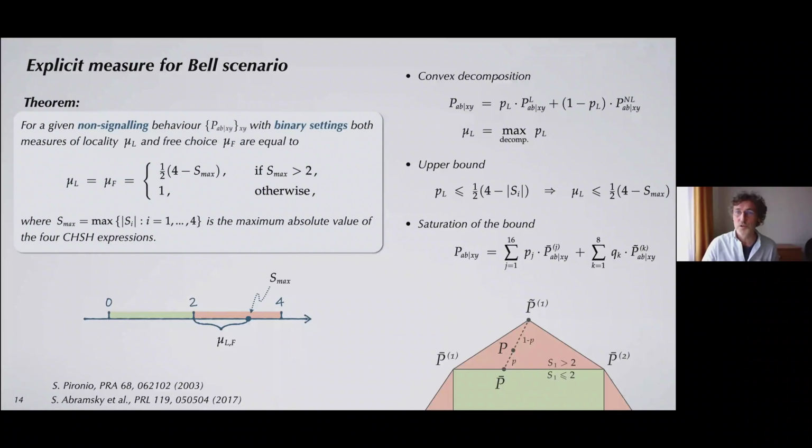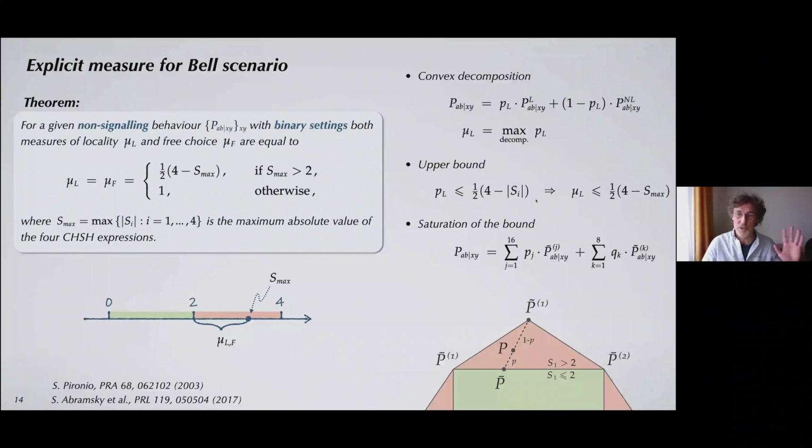So how does it work? You use this convex decomposition of a given behavior, and you can easily justify that this mu L. It's easier to work with mu L since mu F is less researched. We know more results about locality, assuming free choice. Actually, we know nothing about violation of freedom of choice. But owing to this result, we can back up on those results, and you can use this convex decomposition.